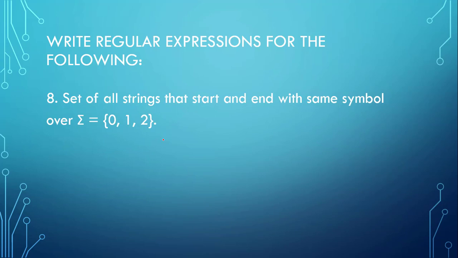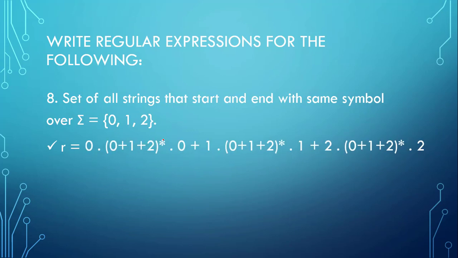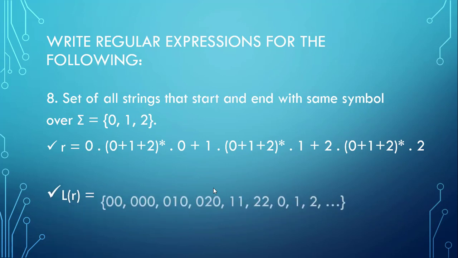The next question says set of all strings that start and end with the same symbol over the input 0, 1, 2. Now let us see the output for this, where R will be 0(0+1+2)*0 plus 1(0+1+2)*1 plus 2(0+1+2)*2, starting and ending with the same symbols, that is 0, 1 and 2. Now let us see L of R that will get generated.